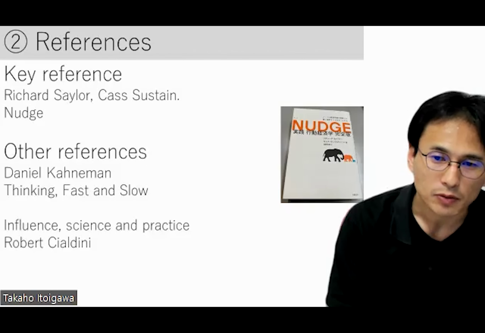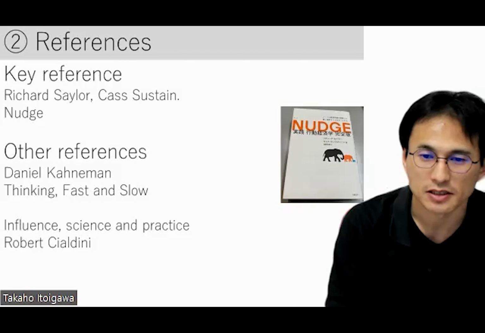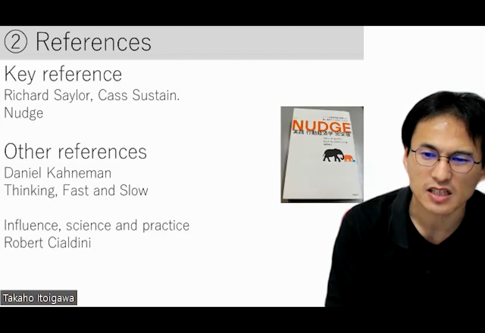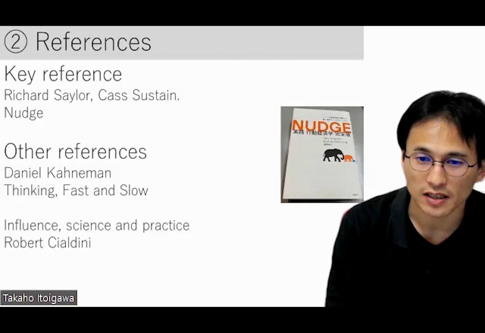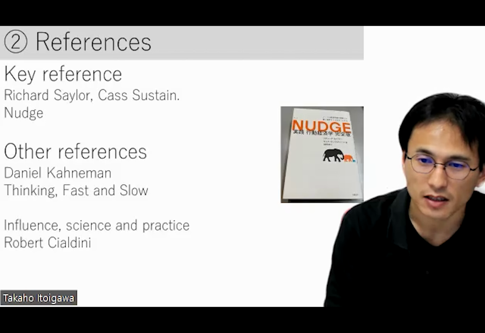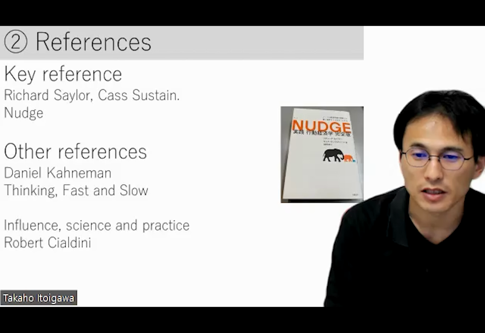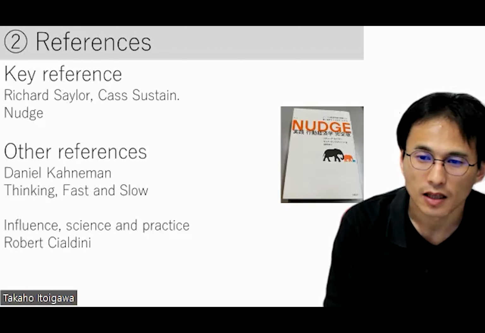Next, I will present some reference materials. The main reference material is Nudge by Richard Thaler and Cass Sunstein. Richard Thaler is a Nobel Prize winner in economics. This book is very thick.